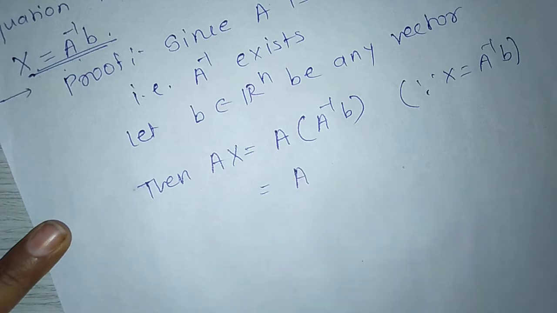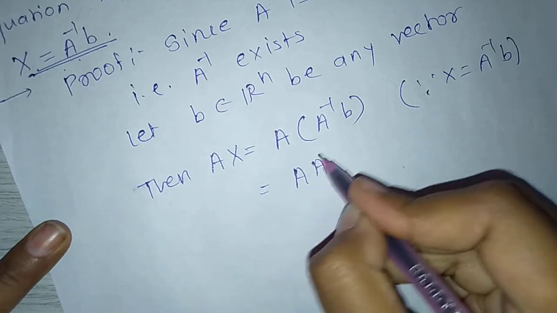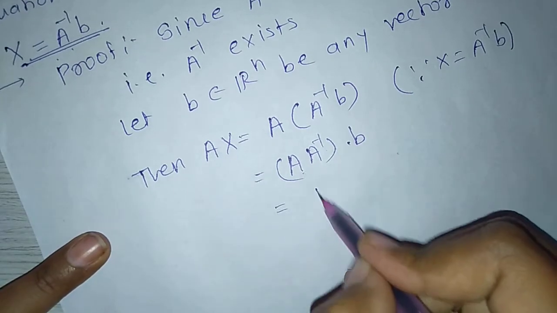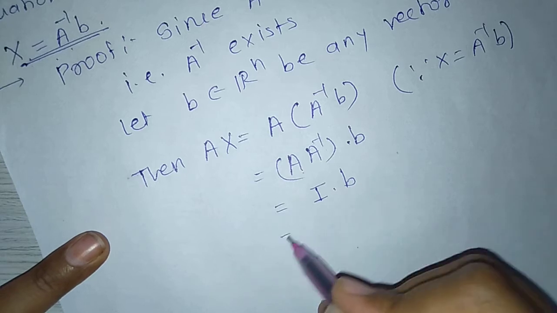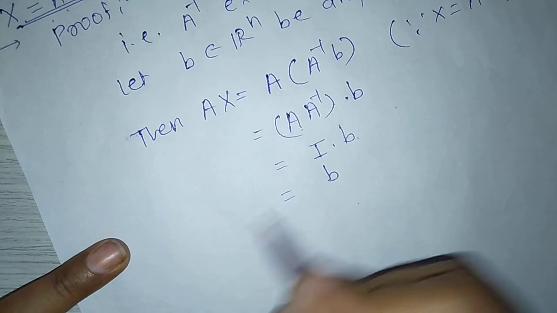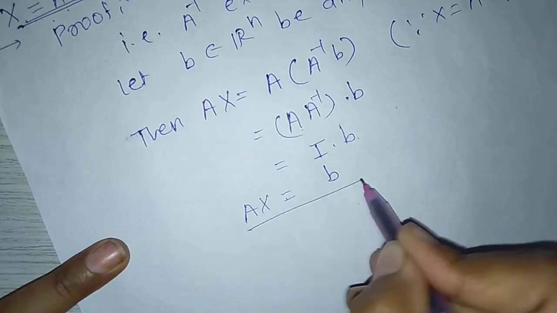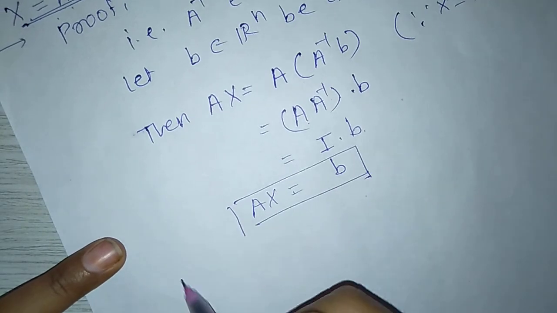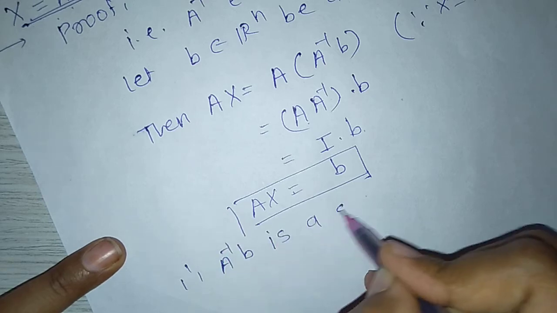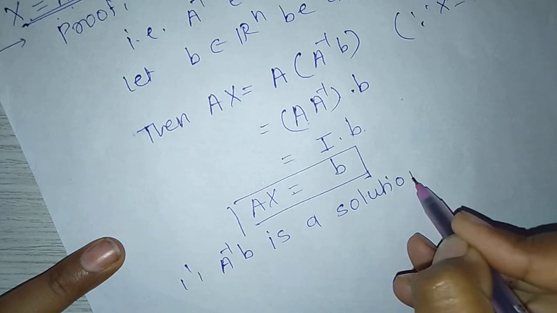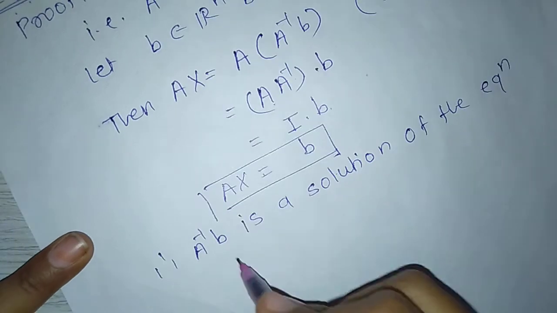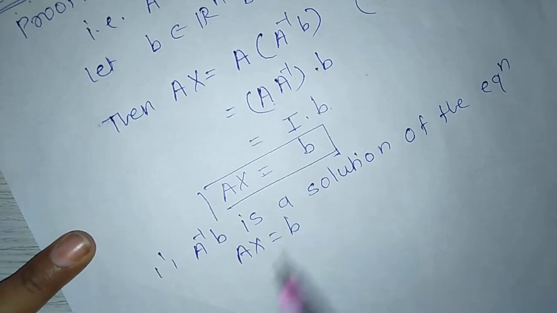Multiplication is associative in matrices, so A into A inverse into b equal to identity into b, and identity into something means b. So A into x equal to b. Here we get that A inverse b is a solution of the equation A into x equal to b.